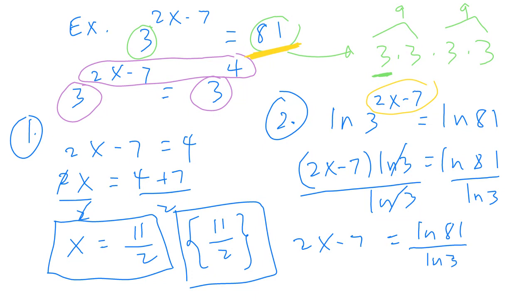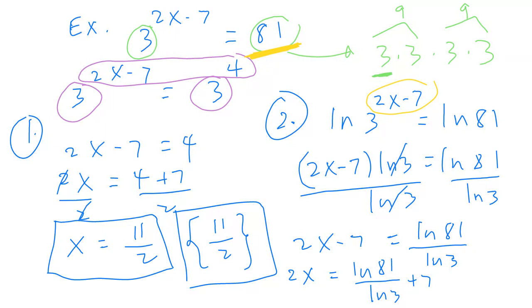Okay, and then you move negative 7 to the right. Then you will get only 2x here is equal to ln 81 over ln 3 plus 7. So we can evaluate the right side of the equation and see if we can have an exact answer.